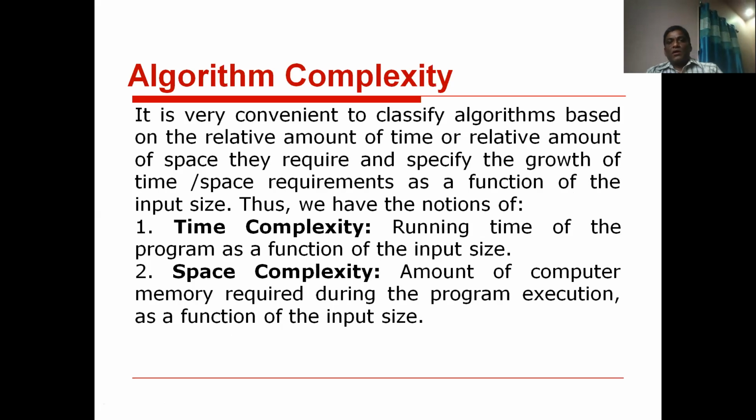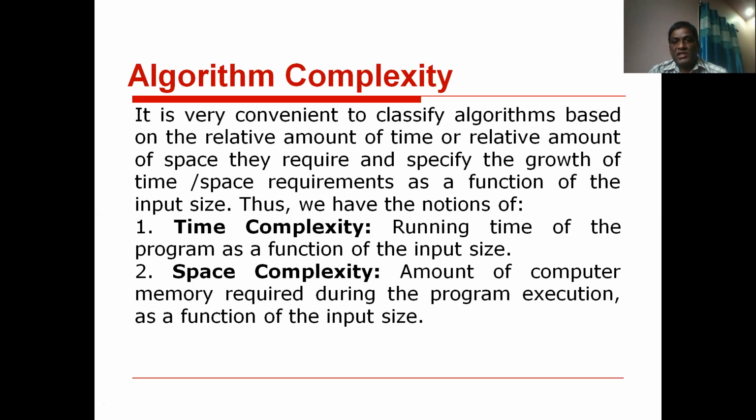Now, what does algorithm complexity mean, and why do we need to measure this algorithm complexity? Algorithm complexity is actually measured in two ways. One is in terms of time complexity, and the other one is in terms of space complexity.